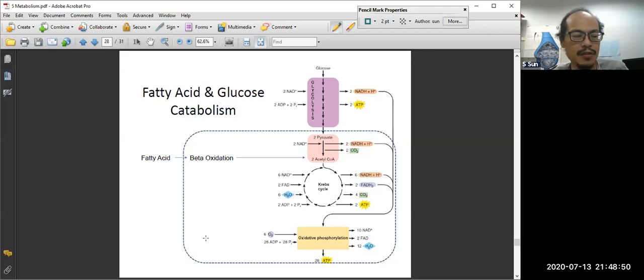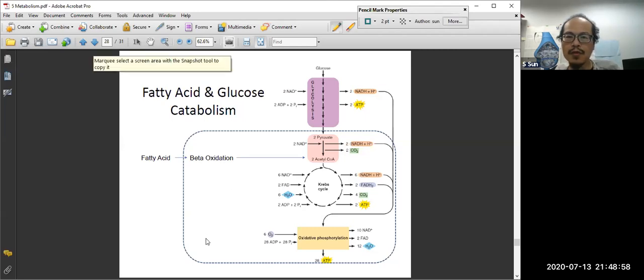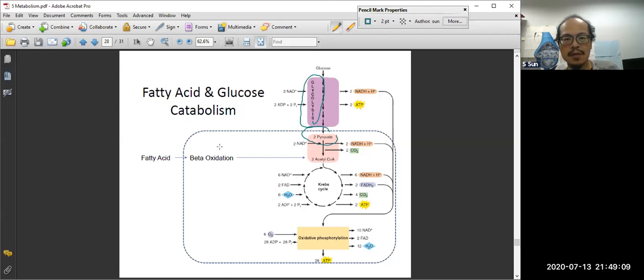So the term you need to memorize is this one here. Sorry, where's my pen? For the glucose, the term you need to memorize is pyruvate, right? Because this is the end product of glycolysis. The term you need to memorize here is beta oxidation, because only then do fatty acids become acetyl-CoA.